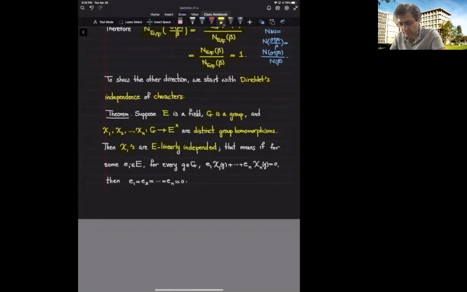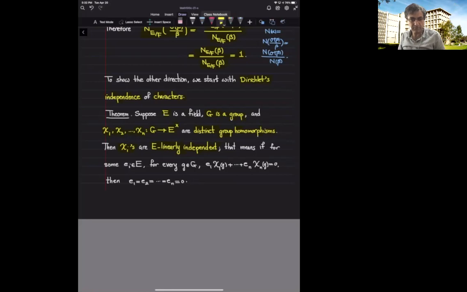But what does that mean, E-linearly independent? The right setting is that you should think about them as functions from G to E. And in the set of all the functions from G to E, this is in fact a vector space.